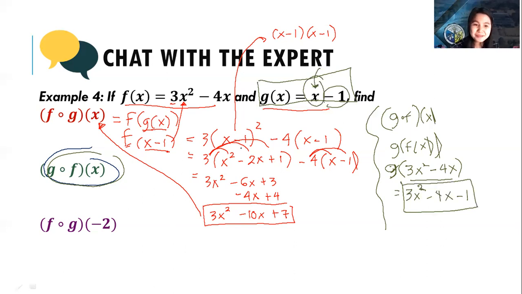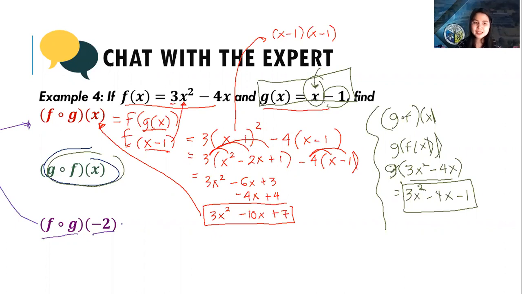In the last number, we have f. Let me get a violet pen. In the last one, it's the same as the first. That's f composed with g, like this one. But the difference is there's -2.